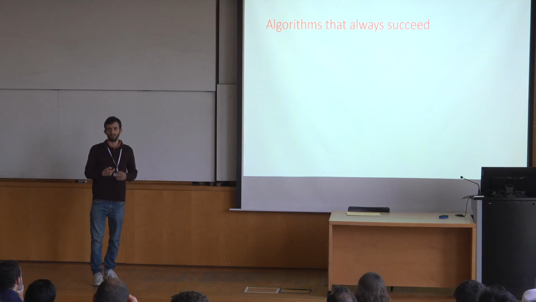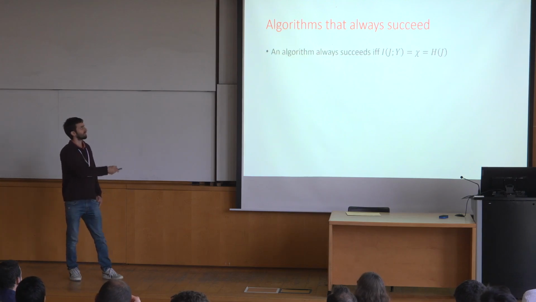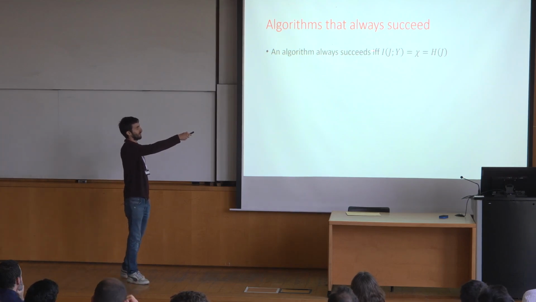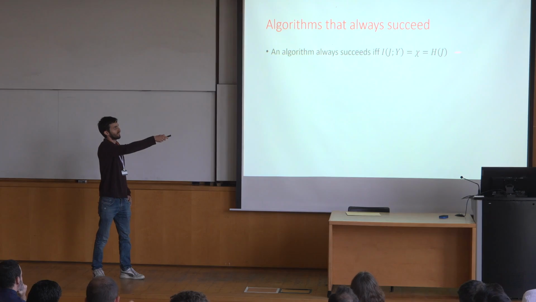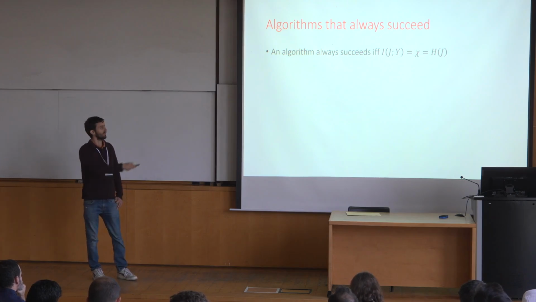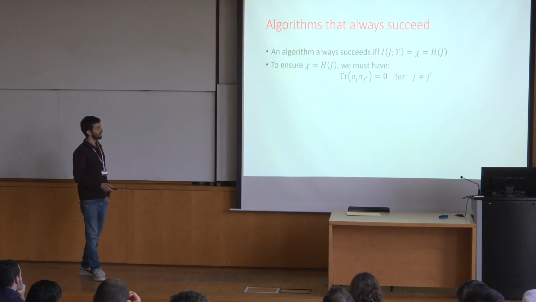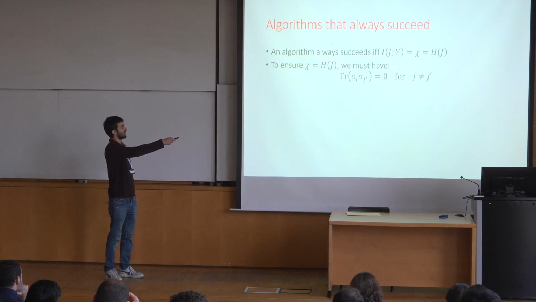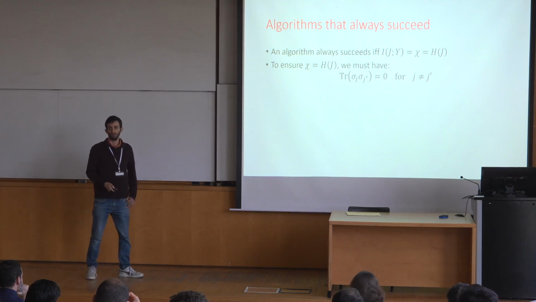So we also get a description of algorithms that always succeed. An algorithm always succeeds if and only if this mutual information I(J;Y) equals chi, which equals the Shannon entropy of J. To obtain this second equality, what we need is that the sigma_j's are all orthogonal.